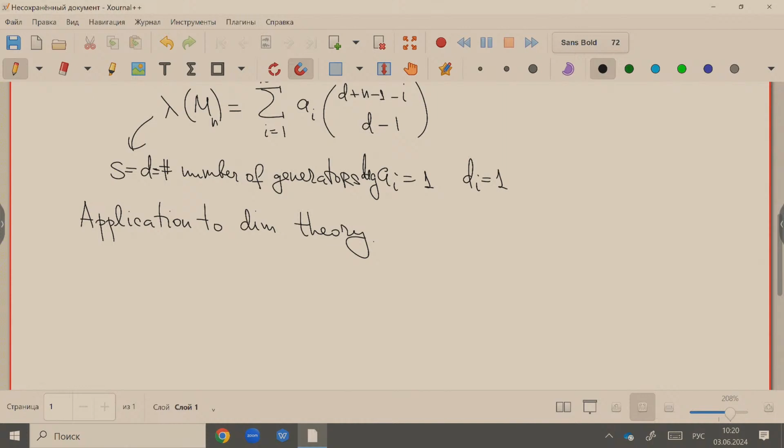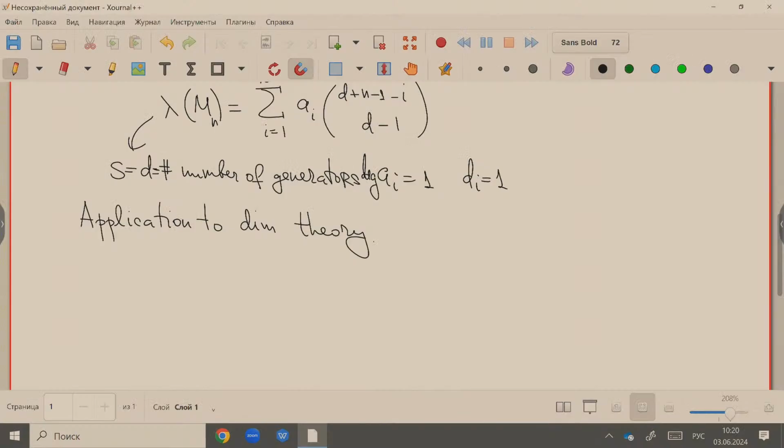Let us notice that these a_i are part of the data, so they are actually calculated from the values of lambda. You can of course do it when you start considering the series.